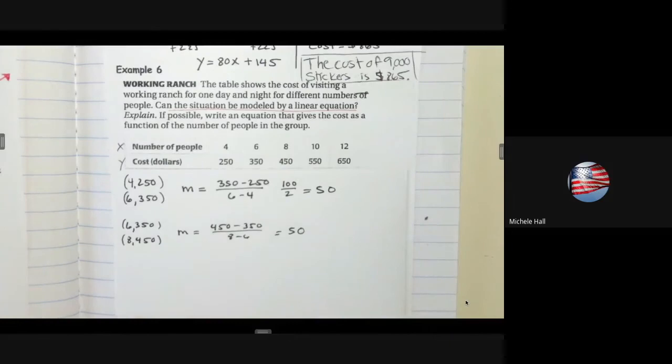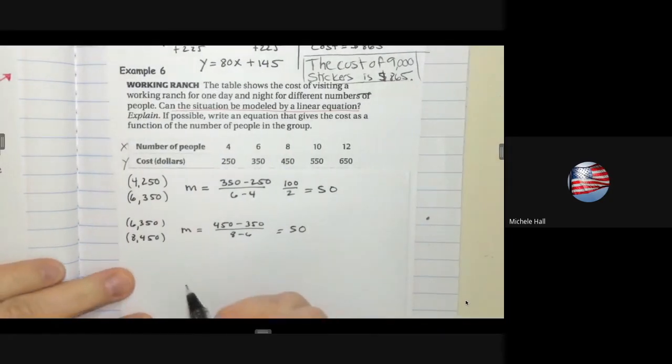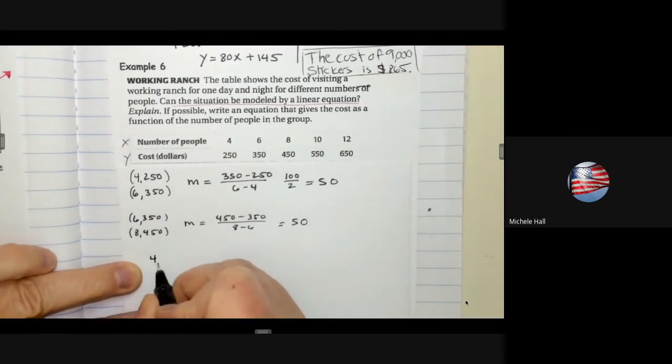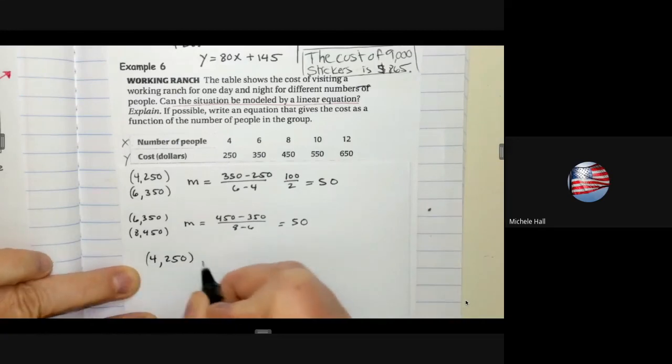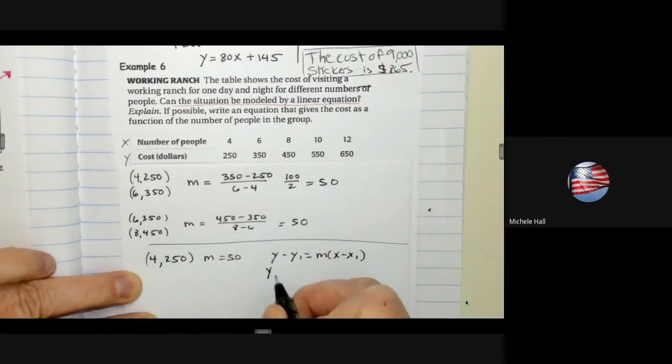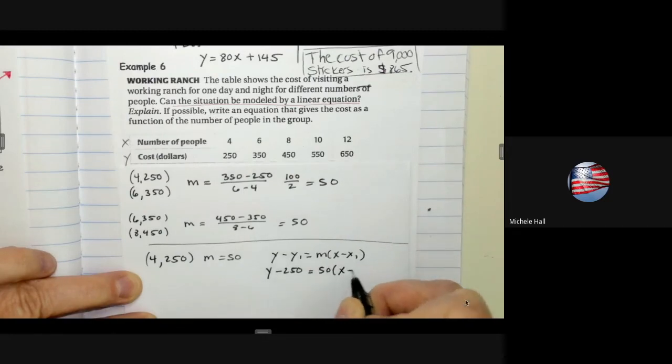So if it's a linear function, then we can write an equation. All right, so we're going to pick one point. We'll pick 4, 250, and our slope we just found was 50. So we have y minus 250 equals our slope times x minus 4.